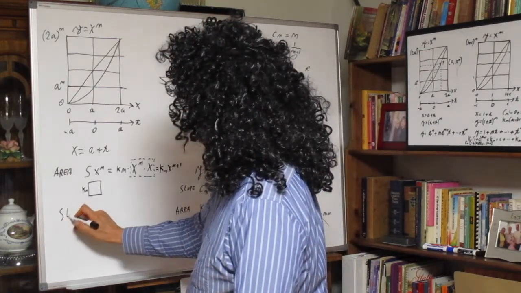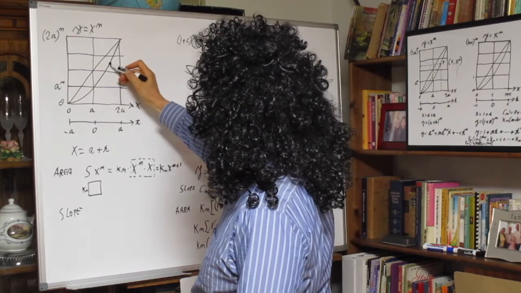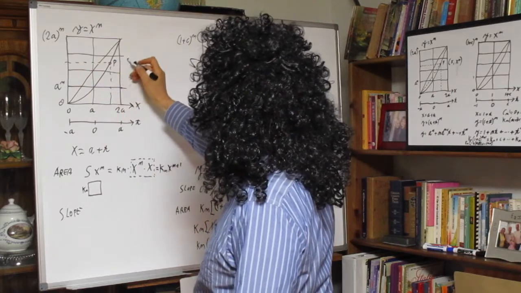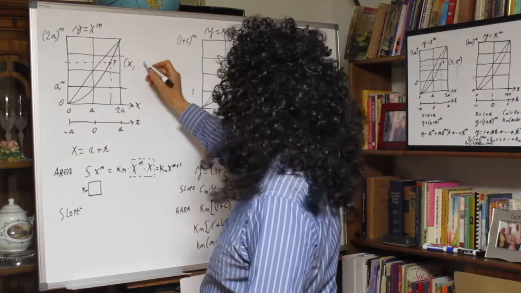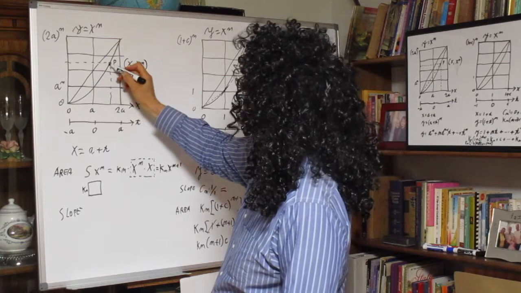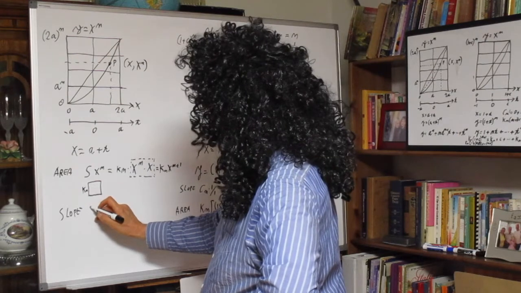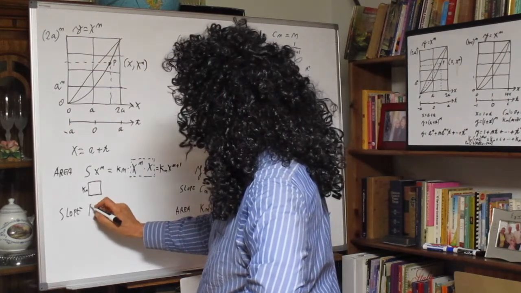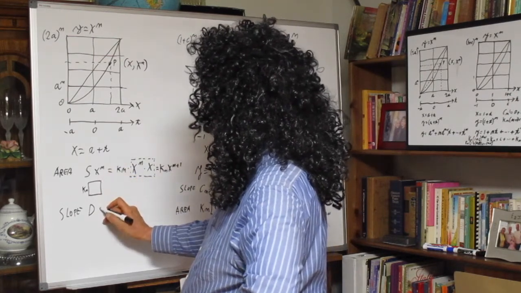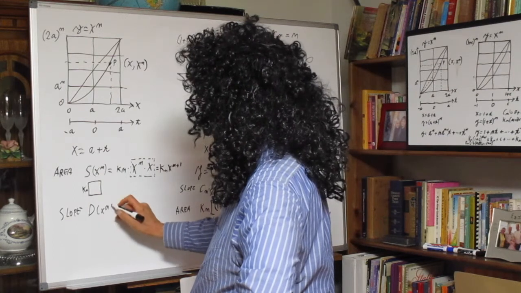The slope, tangent slope, at some particular point, let's say over here, there's point P, and it could be parameterized as x to the n and x. That's what point P is, right? So slope, we call it the box operator D, right? D of x to the n, right?